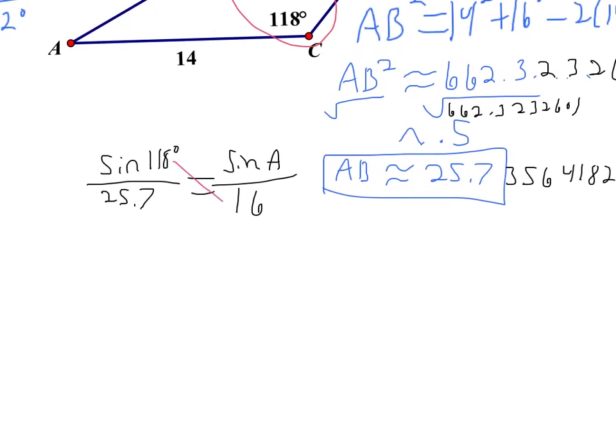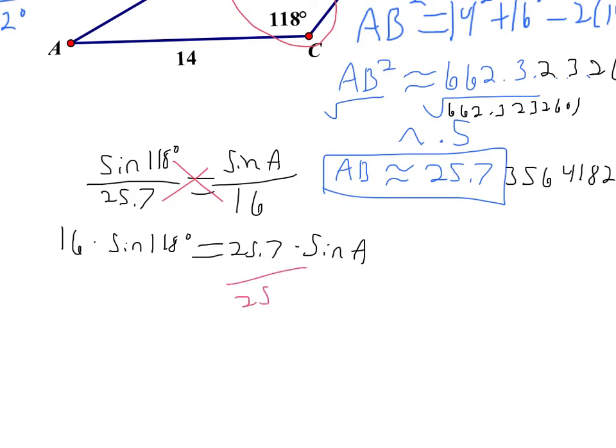So on one side I'll do 16 times sine of 118 degrees. On the other side I'll do 25.7 times sine of A. Sine of A is what we're trying to find, actually just A, but we'll start by getting sine of A by itself, so I need to divide by 25.7.